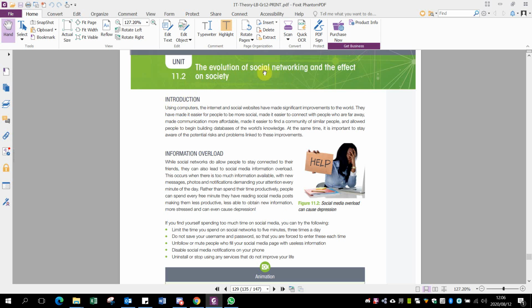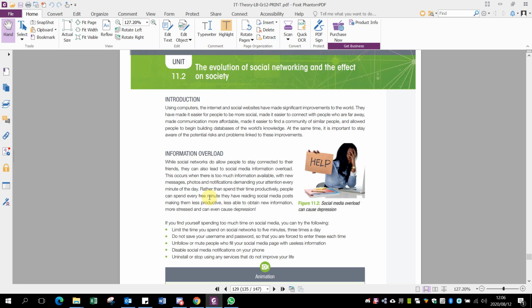The next thing: how does our society evolve? The first thing there is information overload. Nowadays, if you search for information on the internet, you actually get too many responses. It doesn't matter how specific you make your searches, you will still get thousands of hits of sites that you could get information from.